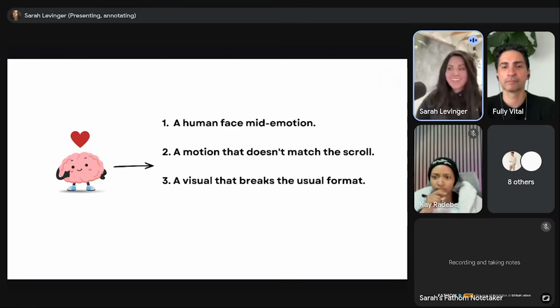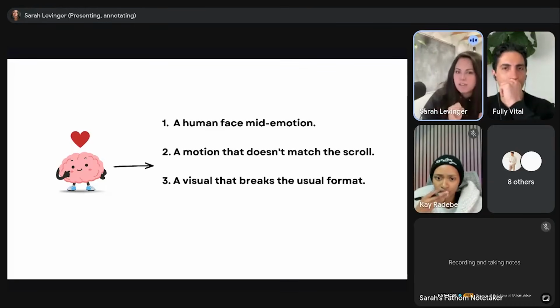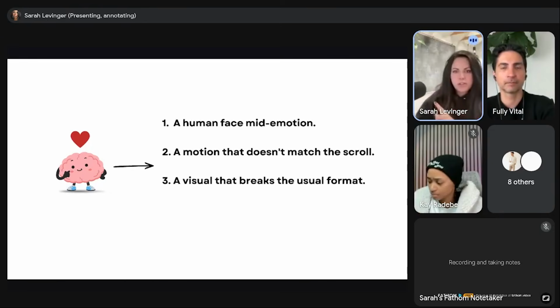Number 3, a visual, something that breaks your formats. I've got so many different examples of what you could do with this, but it needs to be something that you can immediately recognize is just in the wrong spot. For instance, I've seen a lot of people put laptops in refrigerators and the laptop has something on it, text or the product or the CTA, whatever it is. It's just a visual that's not supposed to be there.